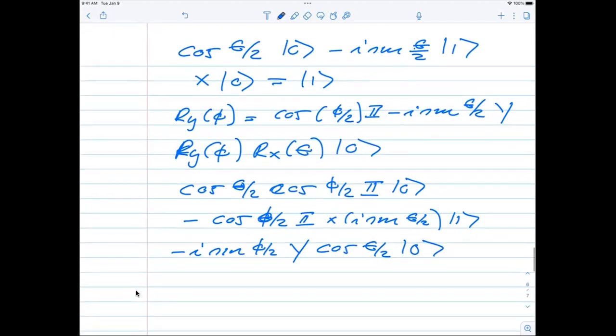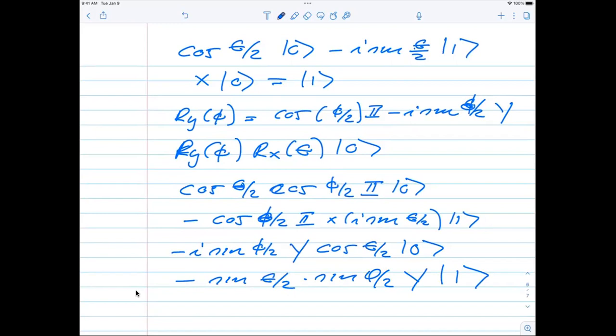And then I have a sine theta half and sine phi half. So this should be a phi actually. So I get the minus i, that's plus, but then I get a minus. So I get a sine of theta half multiplied with a sine of phi half multiplied with a matrix Y, and then multiplied with a vector 1 here.